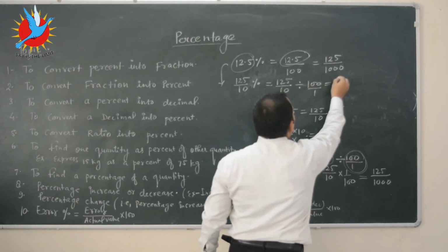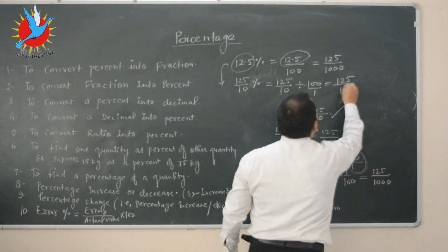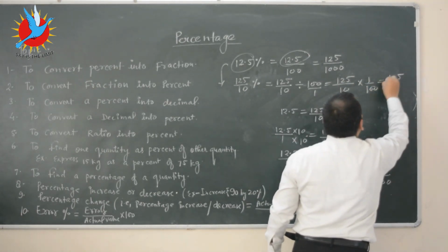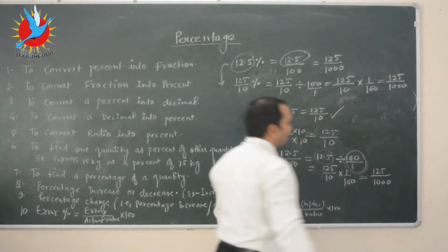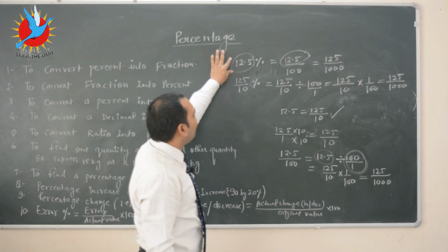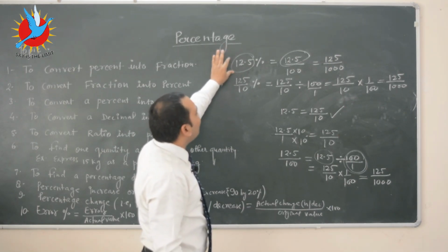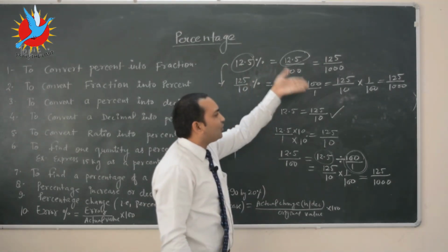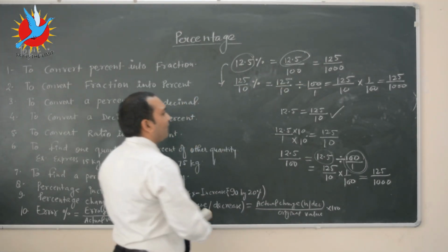So divide will convert into multiply: 125 upon 10 into 1 upon 100. The result is 125 upon 1000. So if the percentage is in decimal, you can convert it into fraction form.